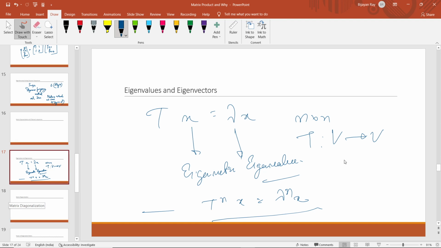Actually, if the eigenvalues are distinct, it's trivial to see that, and this is our next theorem: for distinct eigenvalues, the eigenvectors would be linearly independent. The set of eigenvectors would be linearly independent, and if the eigenvalues are distinct, then it's easy to see that diagonalization is also possible.